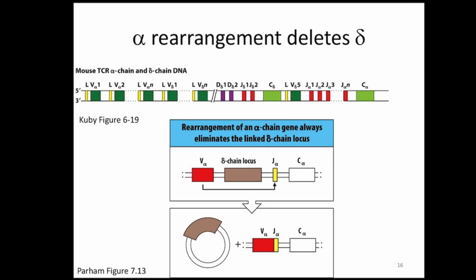You have to throw away the delta DNA, because remember, the entire delta locus is in between V alpha and J alpha. Once you make a good alpha, you have thrown away delta, and you have thrown away your chance at gamma delta life. Now you are absolutely committed to alpha beta life, because you threw away delta.